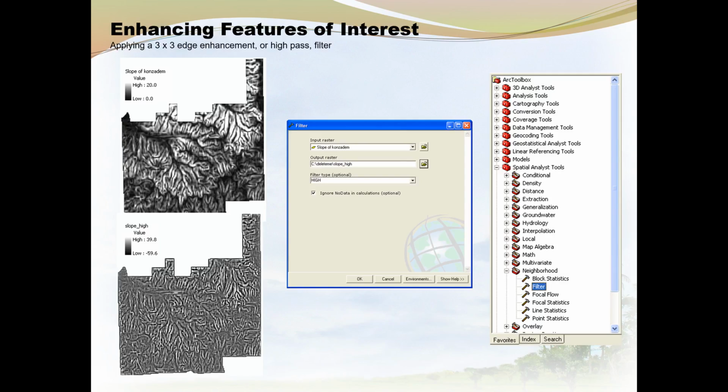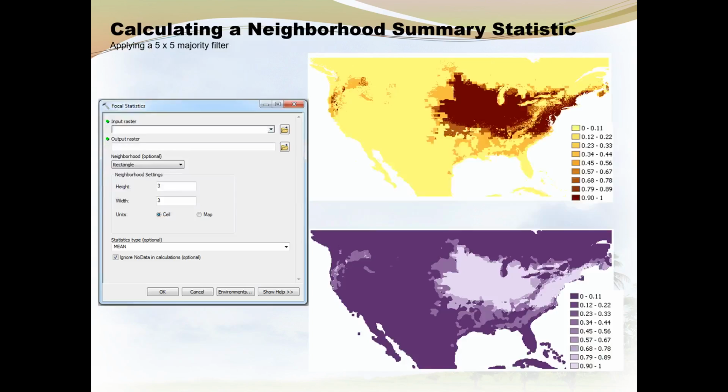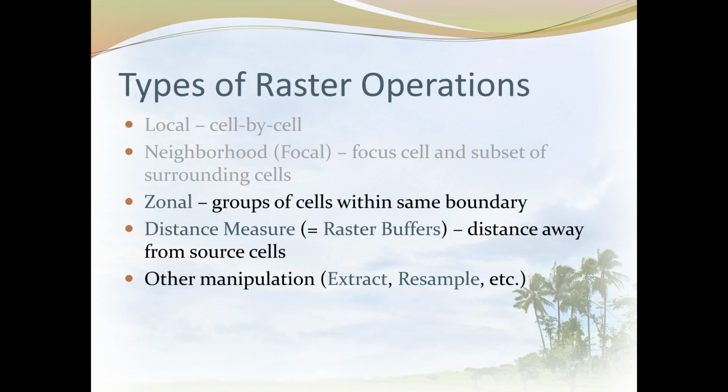The same example in the concept period applied a 3x3 wedge enhanced or high pass filter. This is the really old version from ArcMap, and now everything has changed and we do not have to deal with it. But the idea was that the zonal groups and everything is here as well.